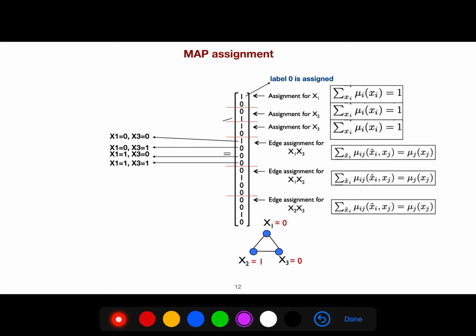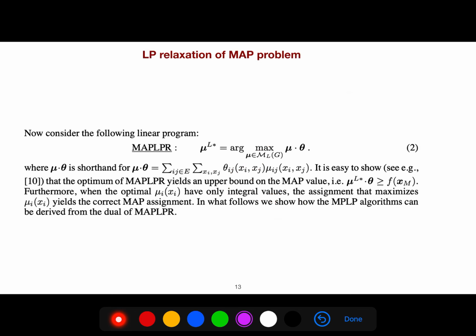And this is a good example of how you can create this mu vector. And you know, we go to the dual because we know that this argmax, when you multiply it by theta, the product is always greater than your f. So it's an upper bound on the MAP value.